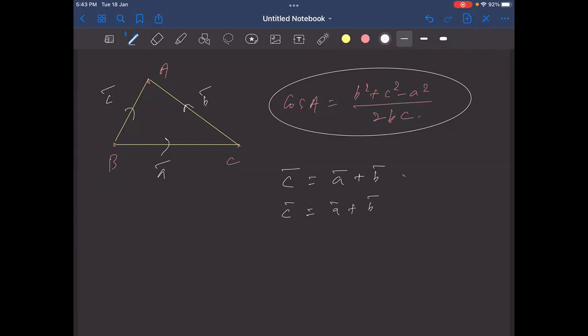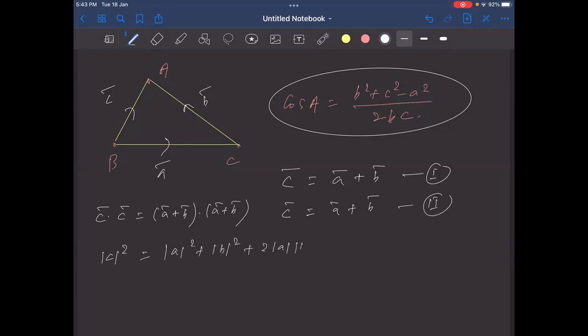We take dot of, we multiply first with second. What do you get? What is C dot C? Mod C square. This becomes what? Mod A square plus mod B square plus 2 A dot B. A और B के बीच में कितना एंगल है?